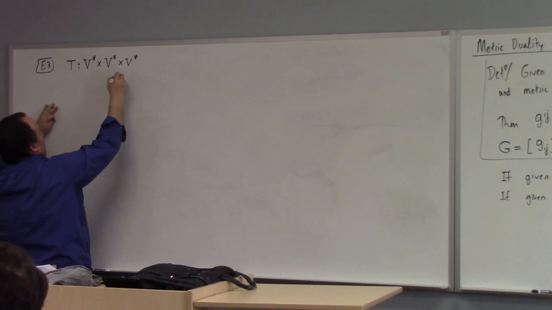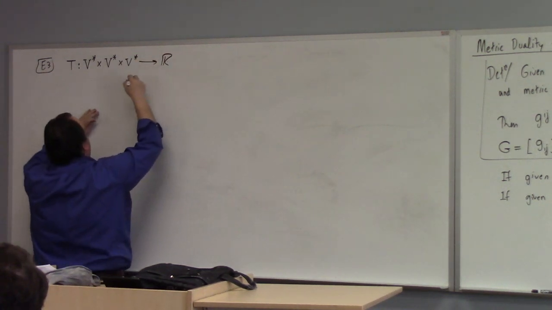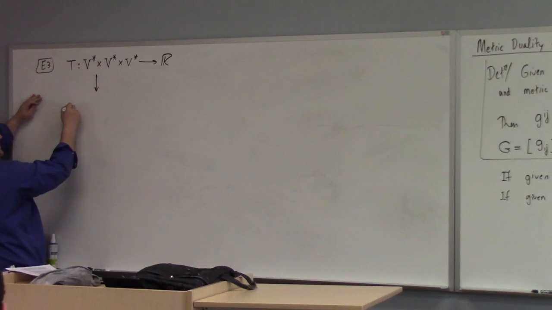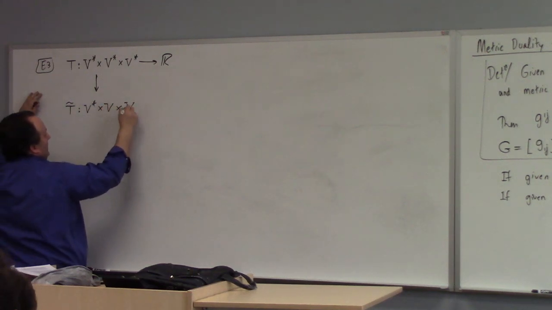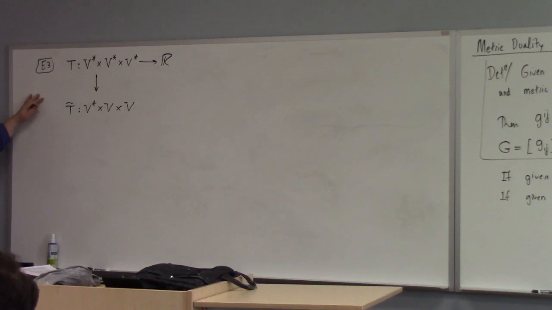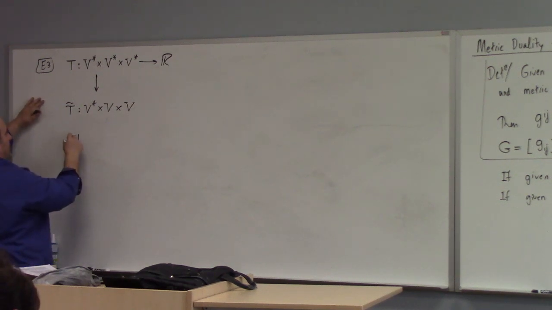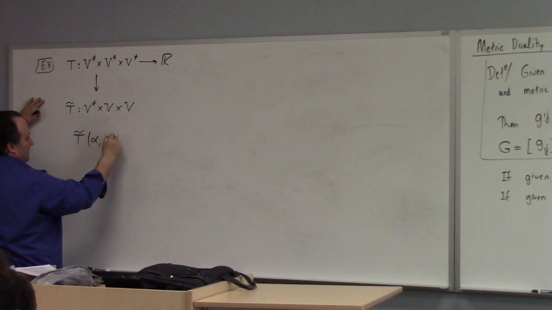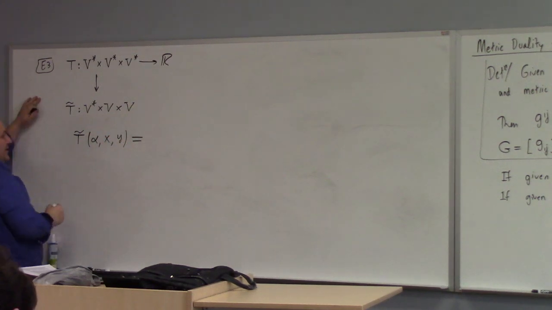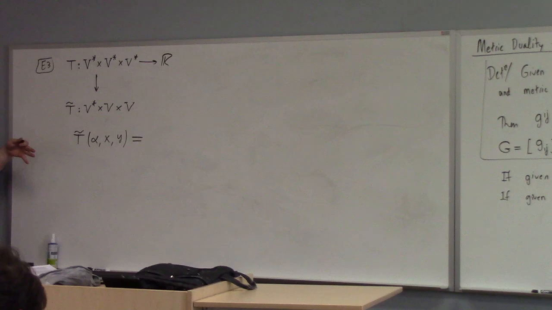And of course that goes to the reals. We're talking about real valued tensors. I want to create a corresponding map, let's say T tilde, which is a mapping from, say, V dual cross V cross V, all right? So I would like to define T tilde on triples of covector, vector, vector, and I want it to be based on T. How would I do it?